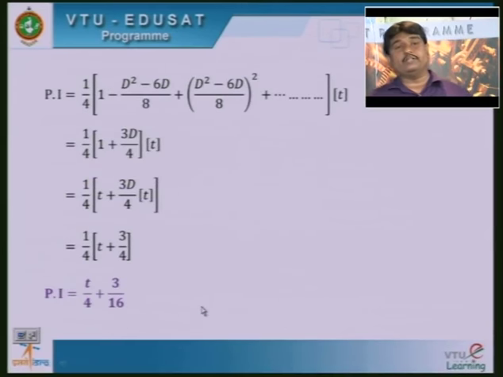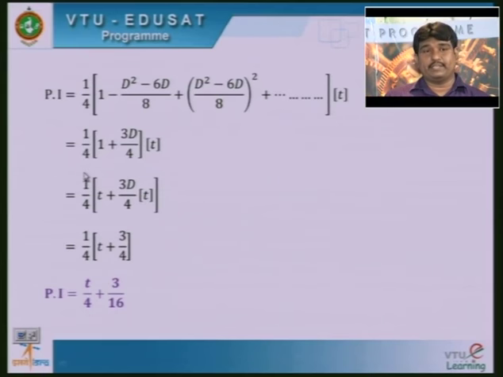You can see the same thing here, 1 by 4, D square minus 6D by 8, which is like x, 1 minus x plus x square, D square minus 6D by 8 the whole square plus dot dot dot operated on t. So we get 1 by 4 into 1 plus 3D by 4 into t. Why this?